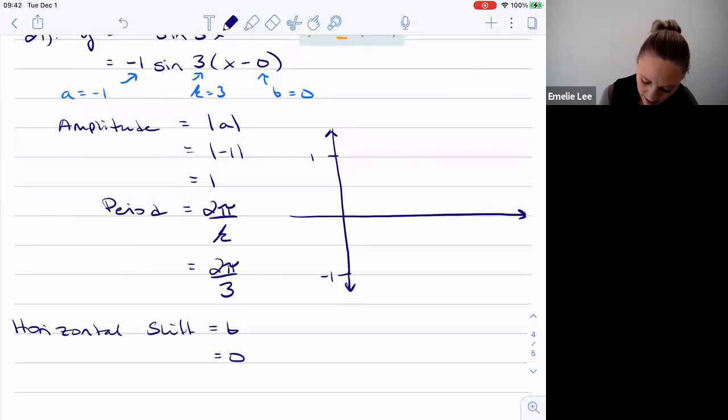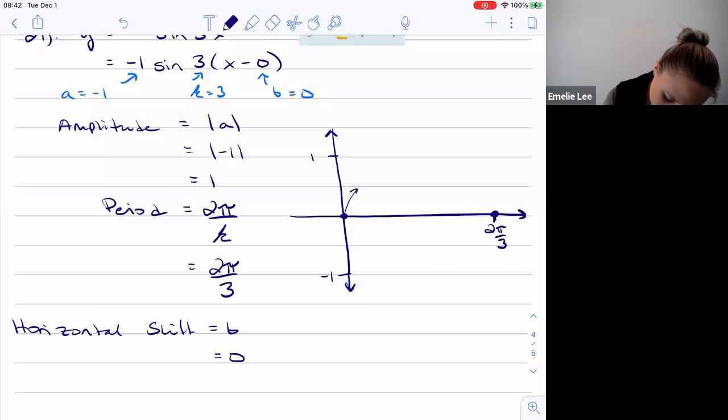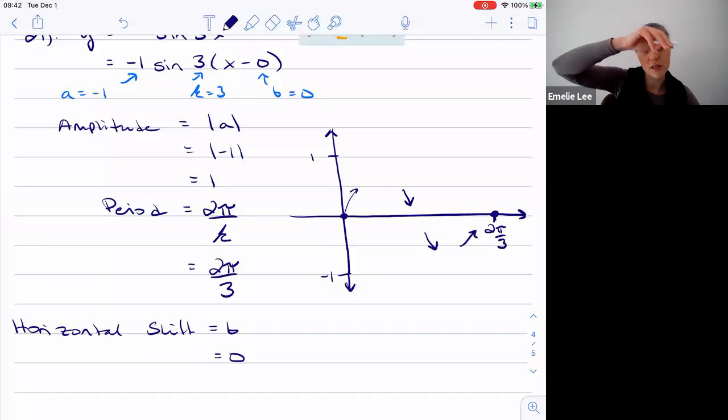It takes me a distance of 2 pi over 3 to get back to where I started. There's no horizontal shift, so I'm starting here and ending here. I'll still cross the x-axis, but I'm going to start heading up this way, and then at some point start heading down, cross over, down, and then up again, because we know we've got that general shape.